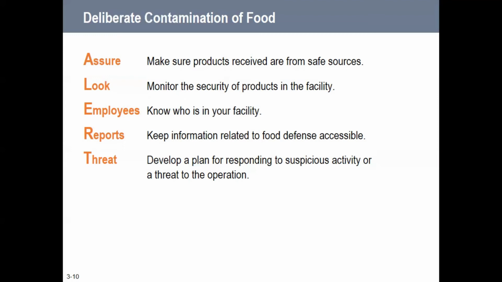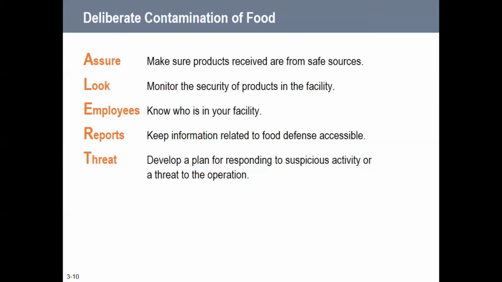What is the standard operating procedure for your establishment, the SOP? How do you hold it if you suspect it's contaminated? Who do you contact? What's the chain of command when it comes to that? Do you have an emergency contact list of who needs to be contacted if there is a suspicious activity or a threat to the operation?